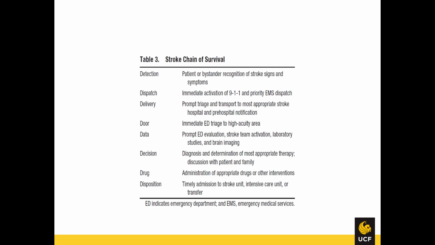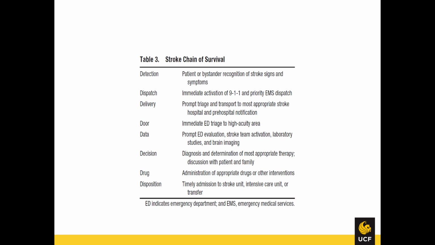Look at all the D's. The chain of survival. Detection: the patient or bystander recognizes the signs and symptoms. Dispatch: we call 911, get them on EMS. Delivery: prompt triage and transport to the most appropriate stroke hospital and pre-hospital notification. Door: immediate ED triage to a high acuity area.